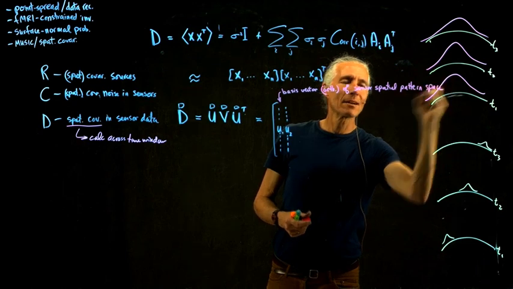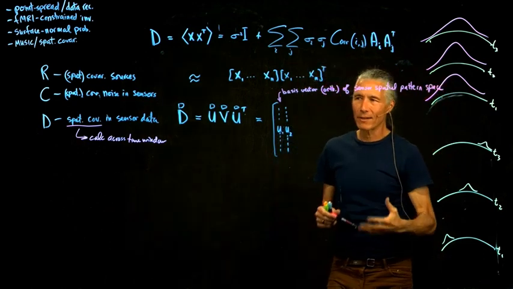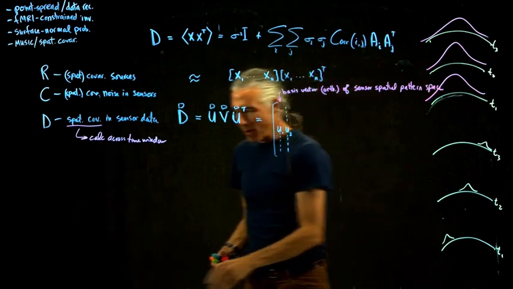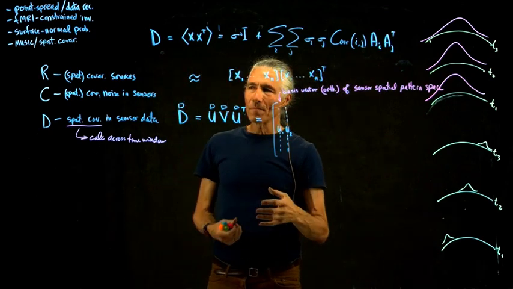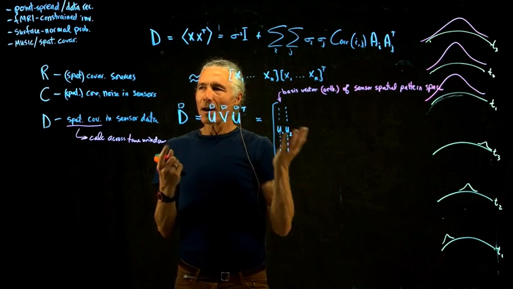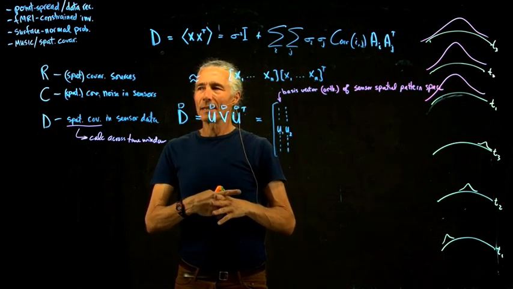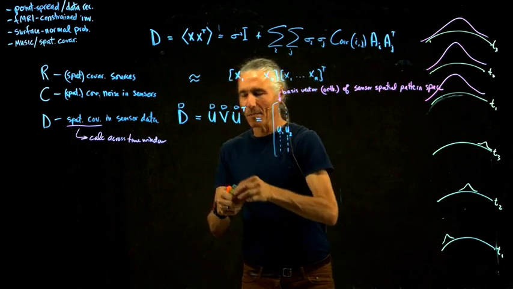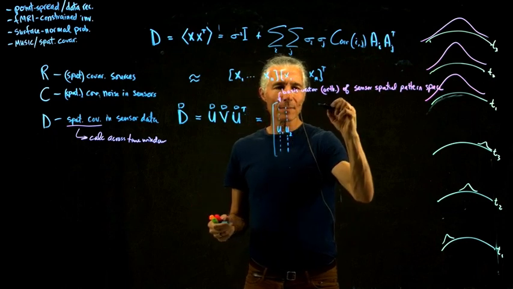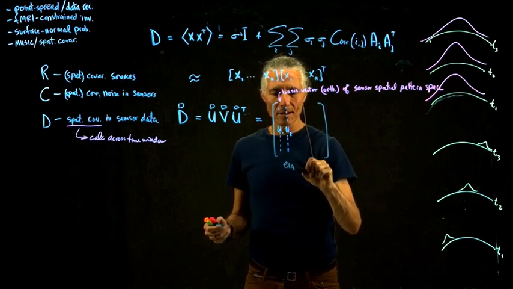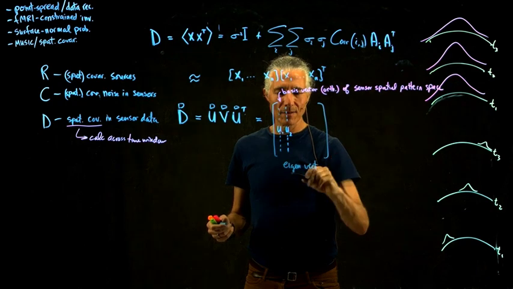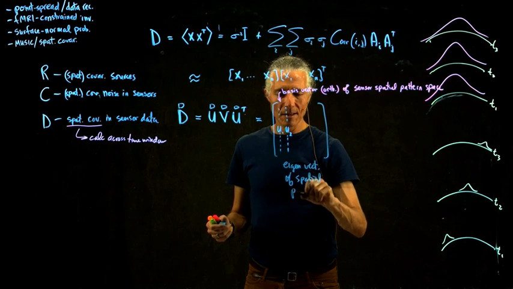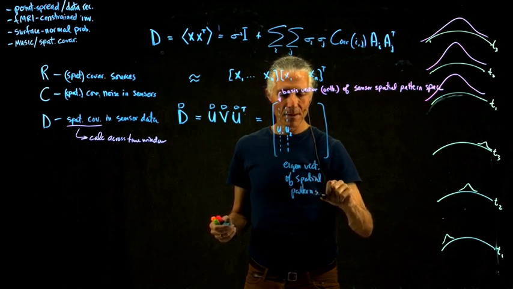What we're trying to do is characterize all the different spatial patterns that occurred, but in this special way where we're dividing them into uncorrelated spatial patterns. So that's what that U matrix is. These are basically the eigenvectors of spatial patterns in the data, the data that we recorded.